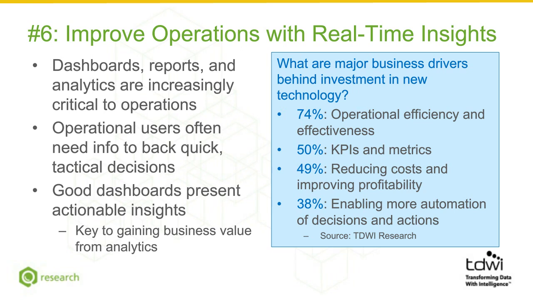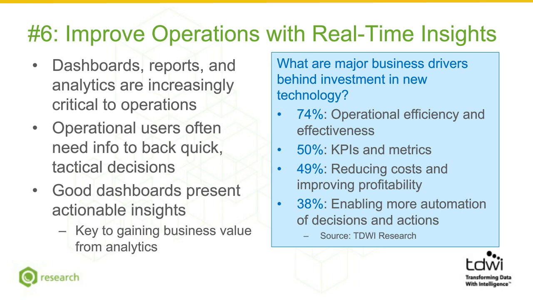So improving operations with real-time insights is critical to get info for quick tactical decisions, which are very different from what maybe the executives are trying to do with strategic decisions. So think about what they need right now to make a decision and need actionable insights.